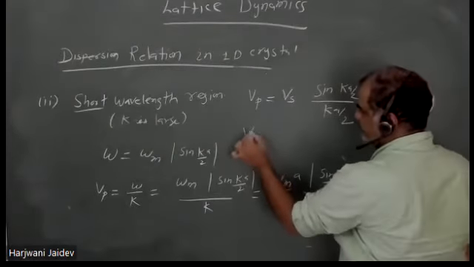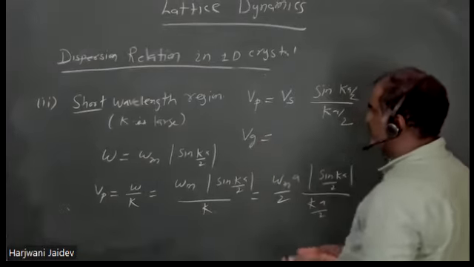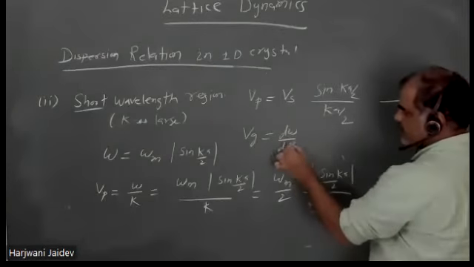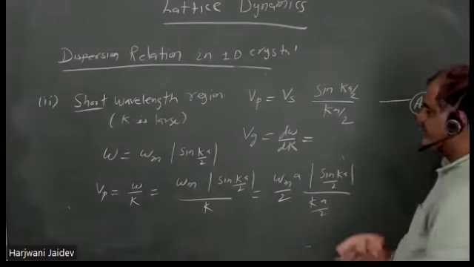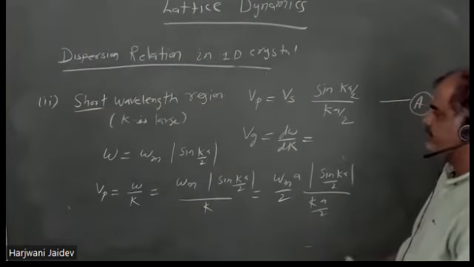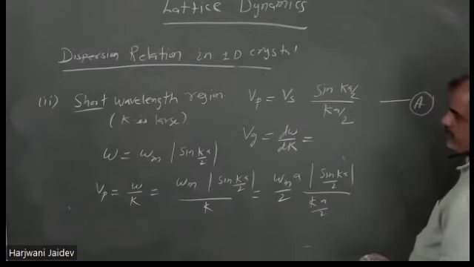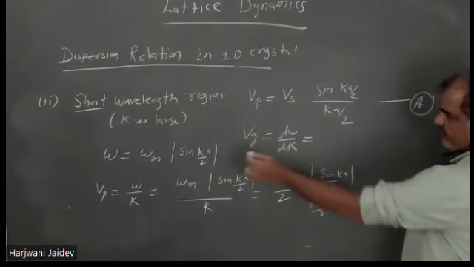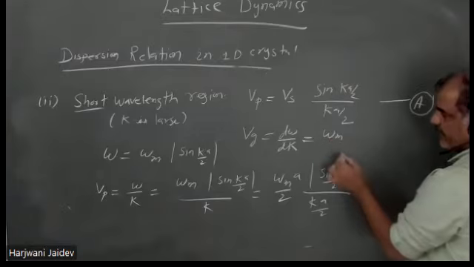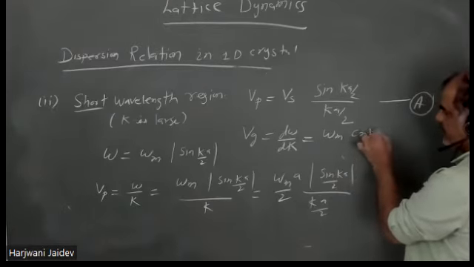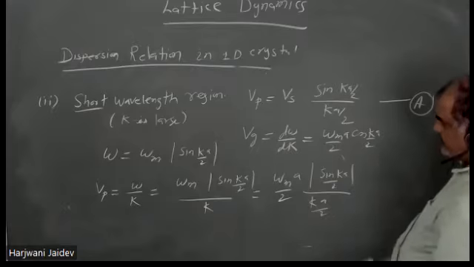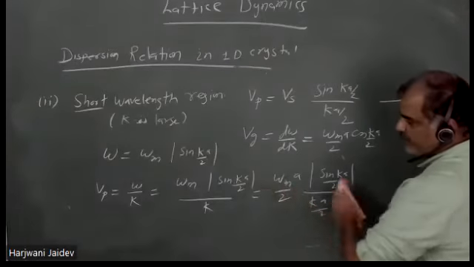So if you say group velocity vg, so what will be d omega by dk? कितना आएगा? So Vs cos k by 2. If I differentiate this one with respect to k, that will be vm cos k by 2, and that will be a by 2. इसको रब कर दूं क्या?